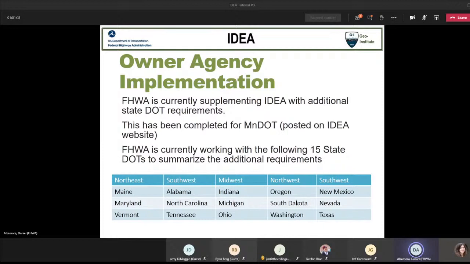So there was one report that was completed for Minnesota DOT that's already posted on the website, and we are currently working on 15 state DOTs to develop reports that summarize the additional or supplemental requirements above and beyond what's in the IDEA evaluation reports, and those states are listed here.